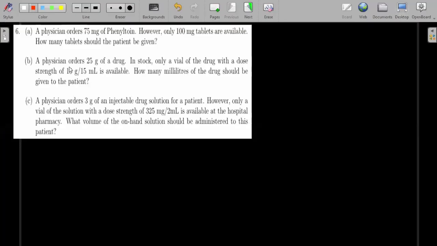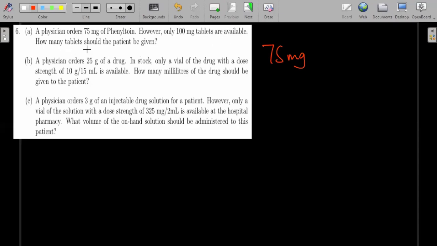So we start from question 6a. They're saying a physician orders 75 milligrams of phenylethylamine. This is probably some medication. However, only 100 milligram tablets are available.